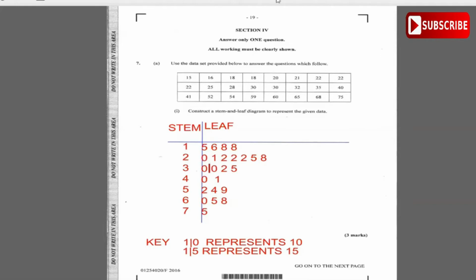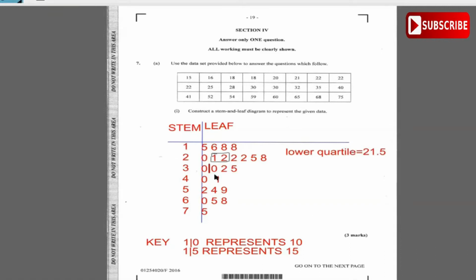So the lower quartile is 21.5. How did I know that? The lower quartile is in between here and here.